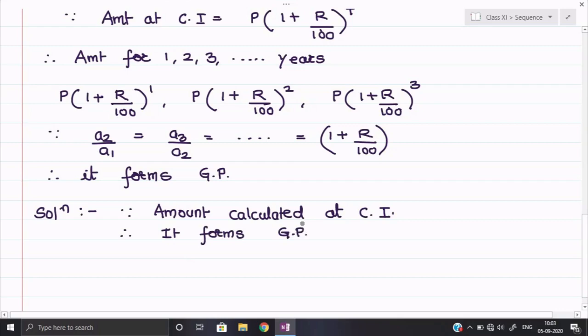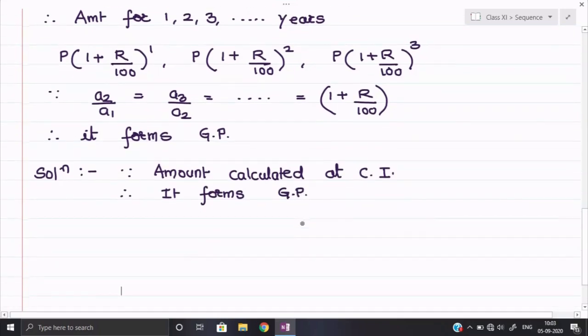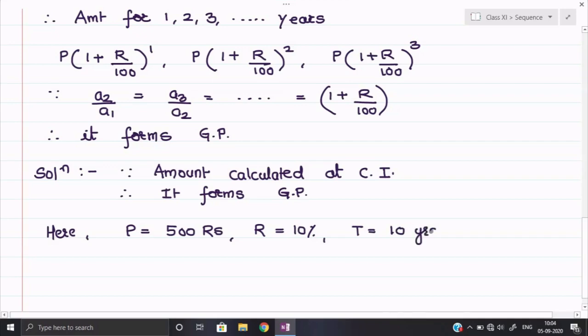So now, first of all, we shall write down what we have given. Here we have given that P is equal to 500 rupees, rate is equal to 10%, and time is given as 10 years. So now we need to find out, therefore, the amount at the end of 10 years.